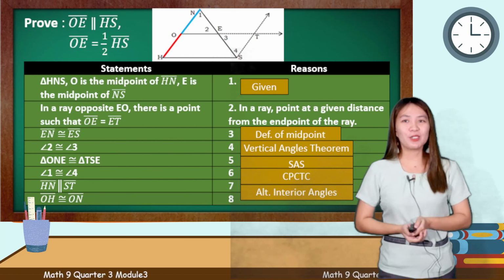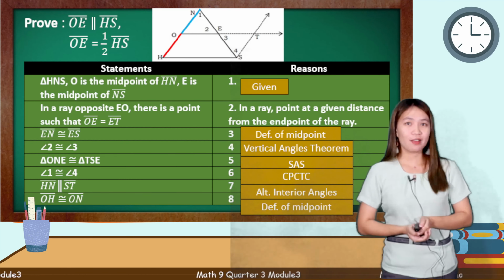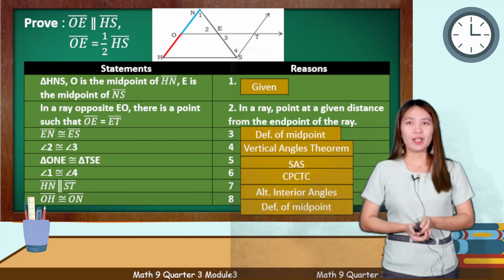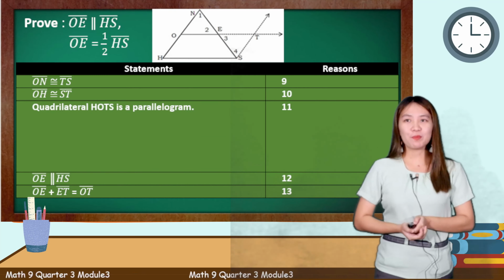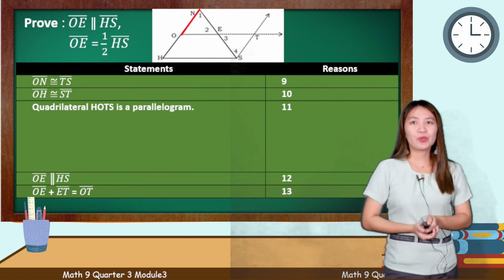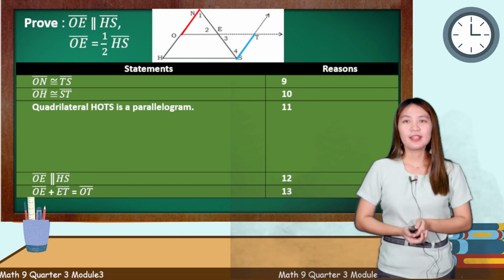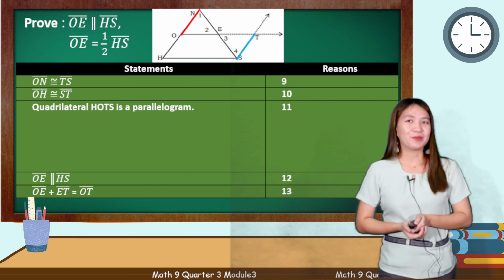So the same as the reason with statement number 3, that is because of definition of midpoint. Next, statement number 9. Segment ON is congruent to segment TS. Why?